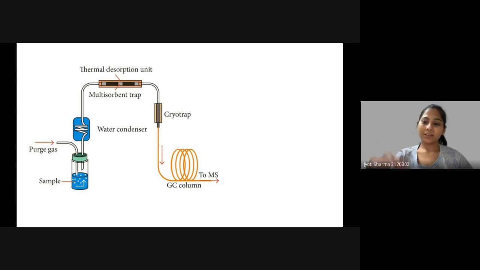So purging is that you are putting in a lot of gas so that the vapor in the water can go out, first to the thermal desorption unit, and then to the GC-MS.